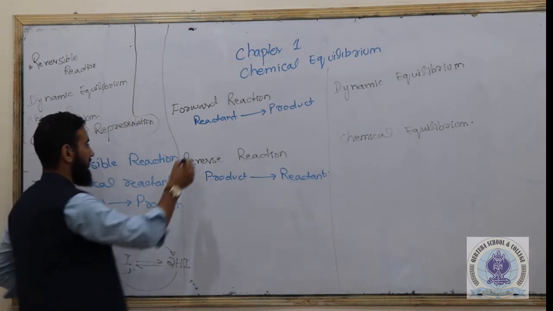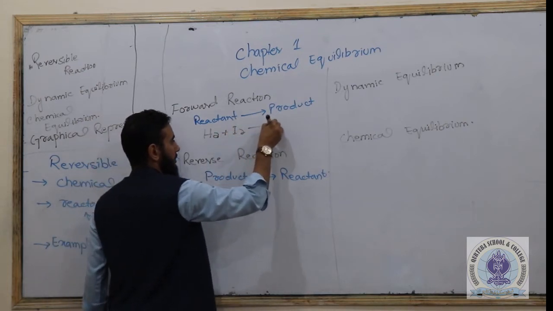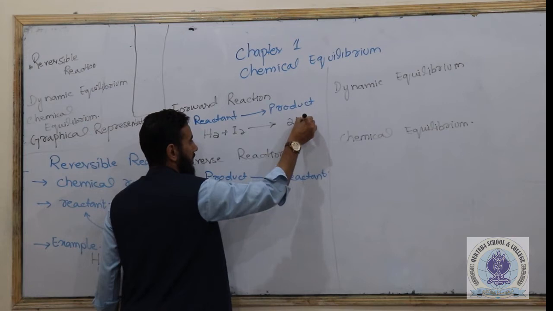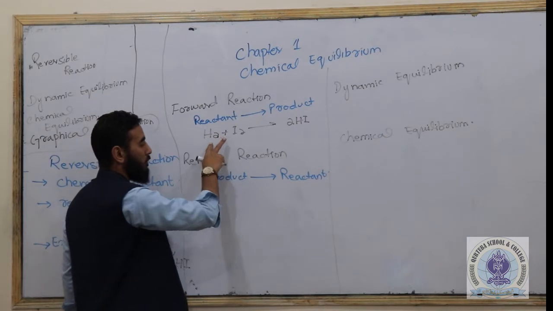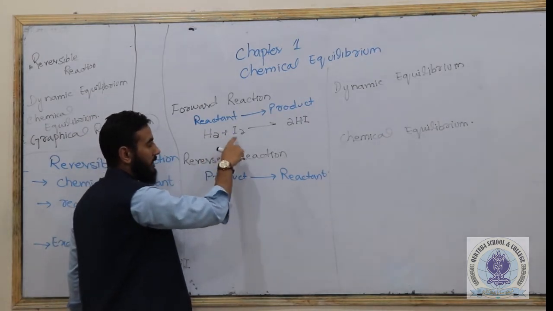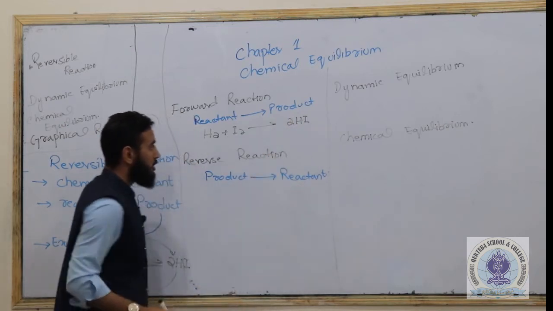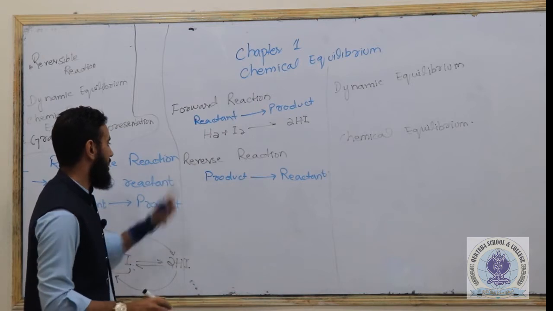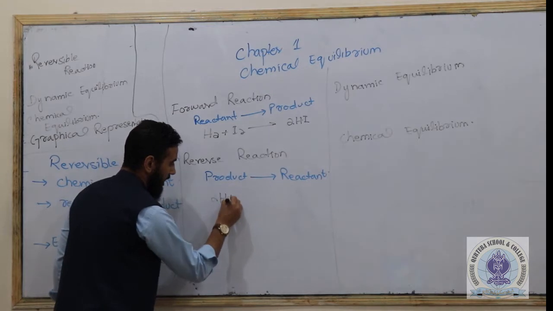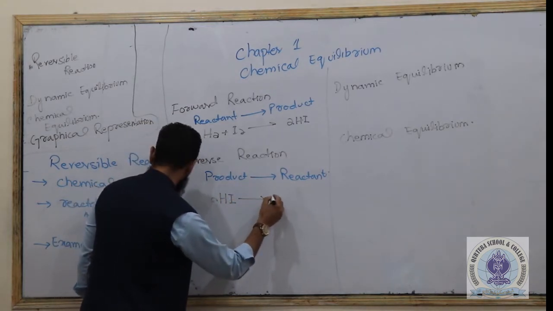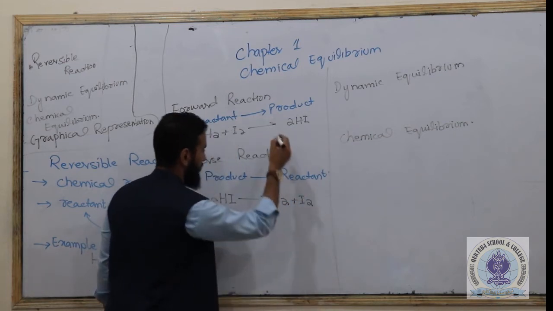Like you can see here in this case, H2 plus I2 gives us 2HI. So here the forward reaction was that the reactants, hydrogen and iodine, were giving us 2 moles of hydrogen iodide. The reverse reaction of that reversible reaction was that 2 moles of hydrogen iodide were coming back and forming H2 plus I2.